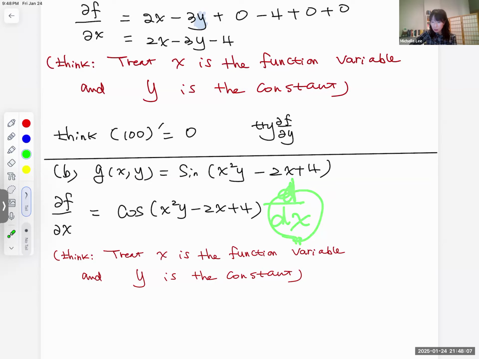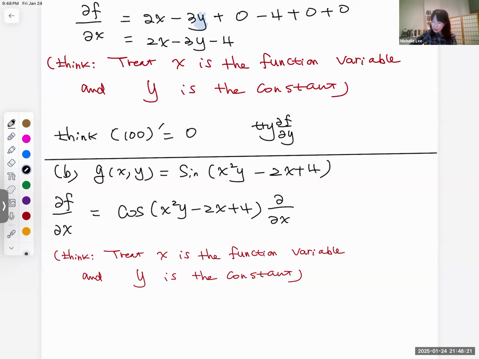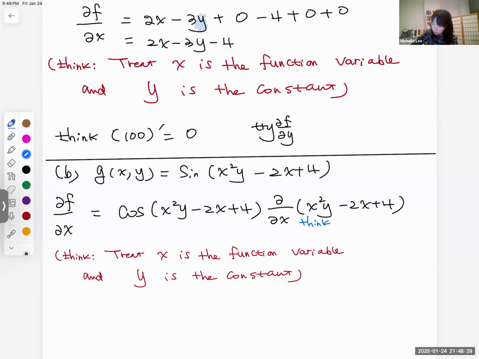So this d, all the time we are using a partial notation, right? So there will be the partial derivative with respect to x. So whatever is inside, chain rule, right?